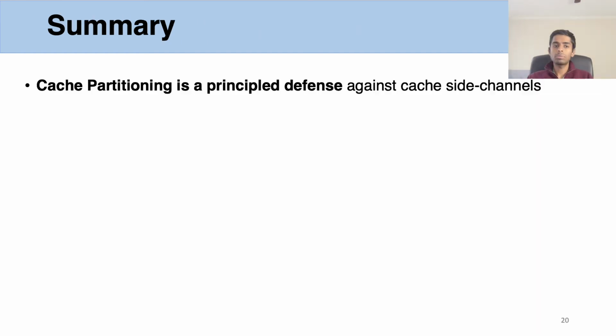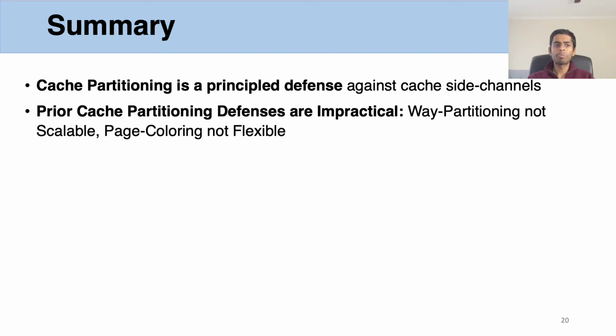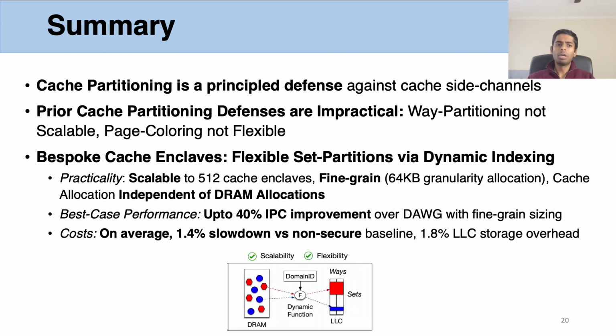Please check it out. In summary, we discussed how cache partitioning is a principal defense against all types of cache side channels. But prior cache partitioning based defenses are impractical either due to limited scalability or limited flexibility. We proposed Bespoke Cache Enclaves, a flexible set partitioning based defense via dynamic indexing.